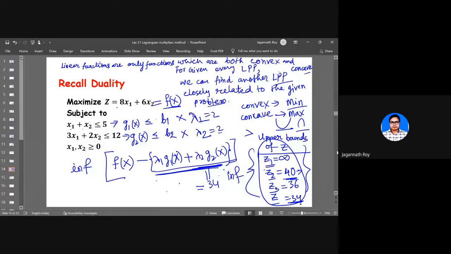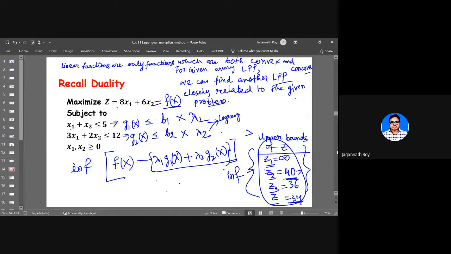Okay, so in order to define formally, how do we call it? These lambda i's are called multipliers, Lagrange's multipliers, and this is the Lagrangian.